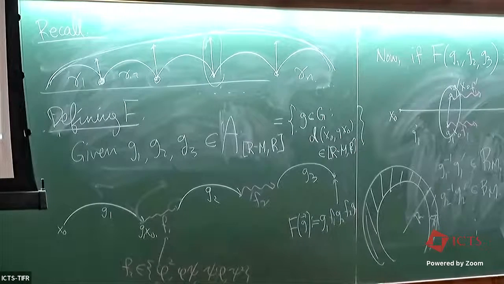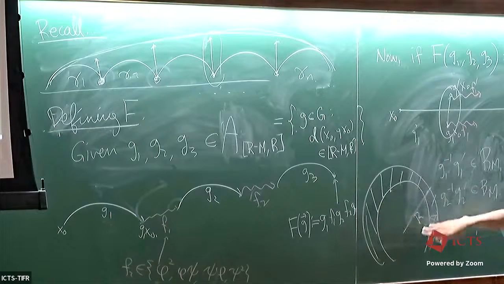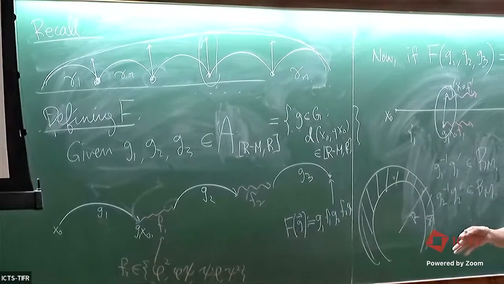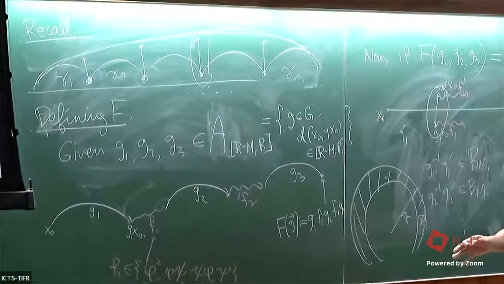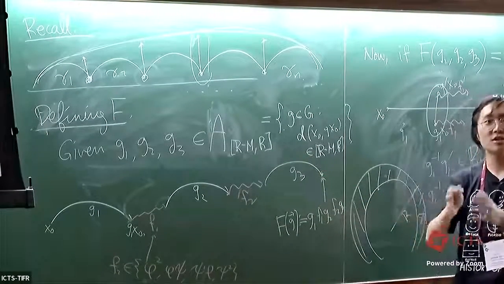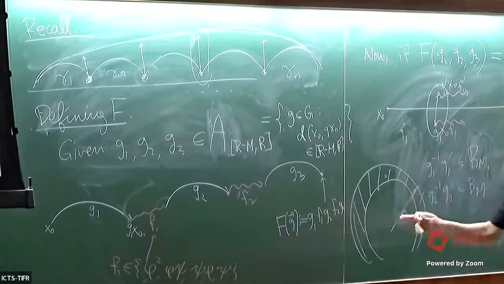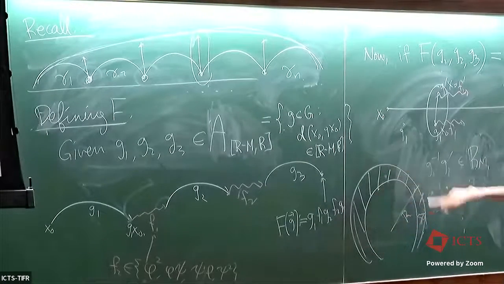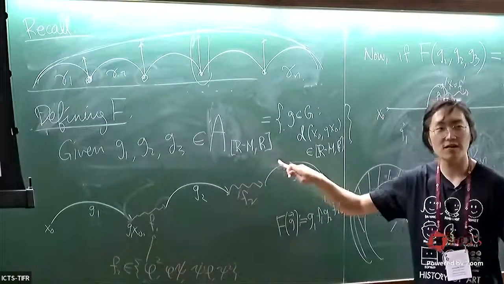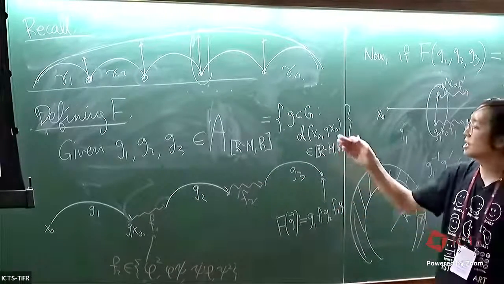This might sound like a horrible idea, because you're losing all this inner ball, and you're requiring G1, G2 to be chosen from here, so you're losing too much. No, it is not the case. Why? Because it's exponential growth. If you take M a large but bounded constant, then you can guarantee that the population of A sub R minus M to R is at least half of the population of BR.